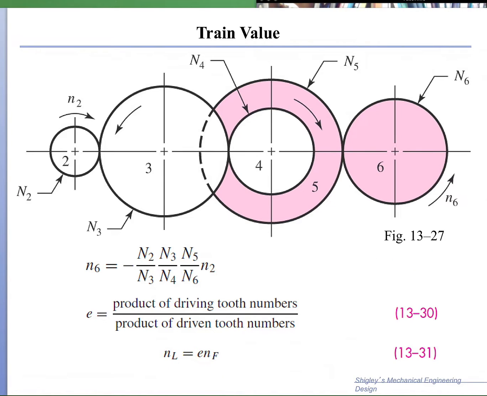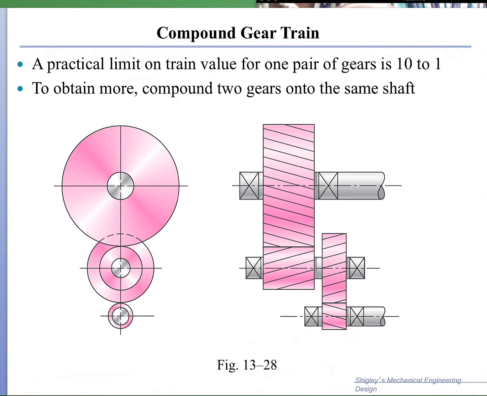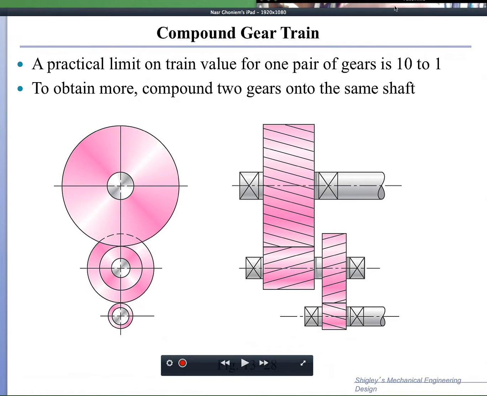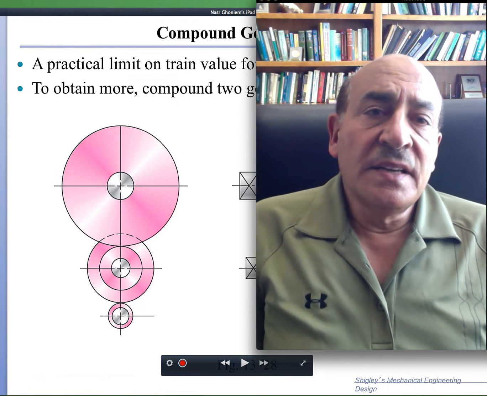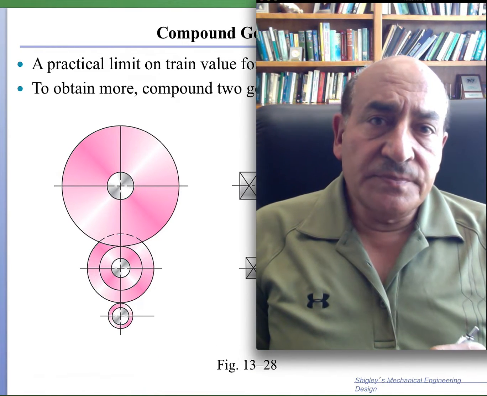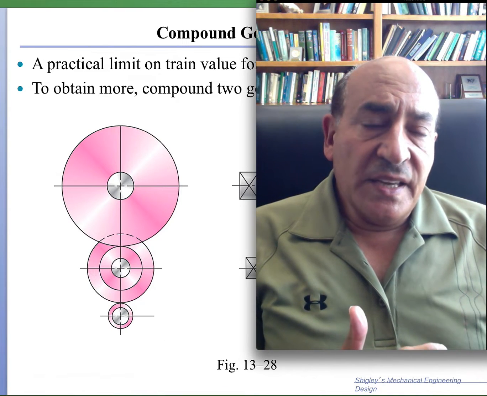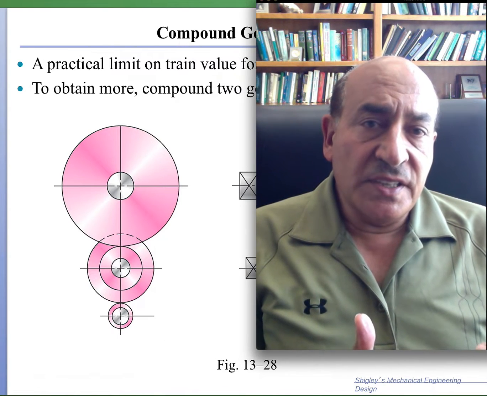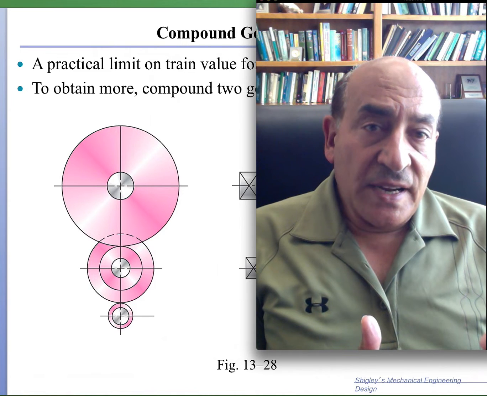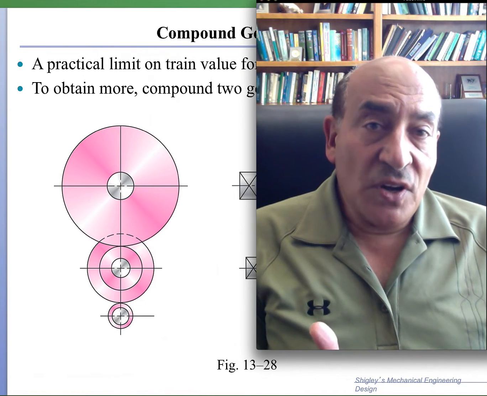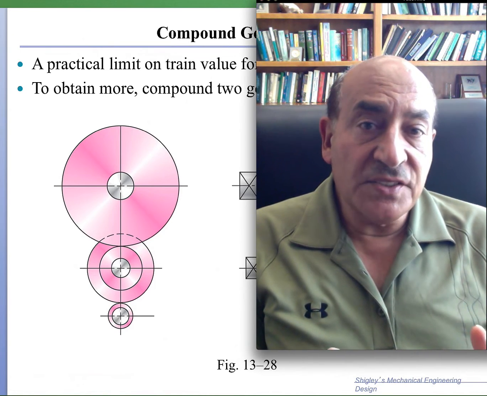This is the way we design a gear train to transmit power. Now, in many cases, we cannot do a reduction in speed directly because the ratio is so high, so we have to break it up into stages.